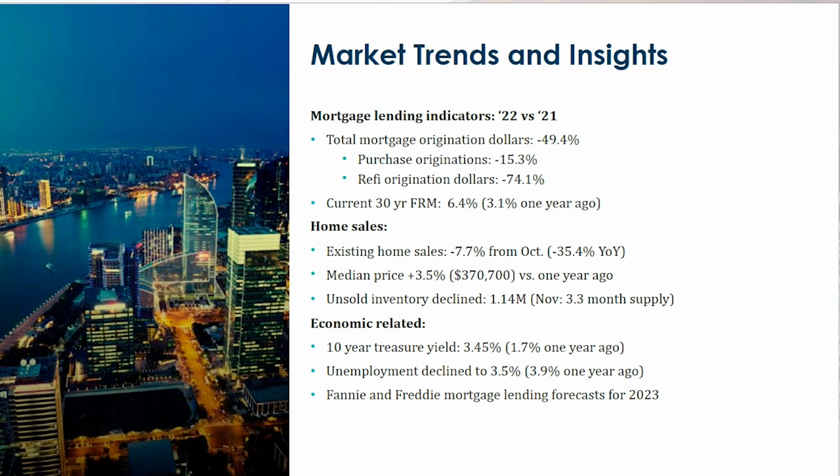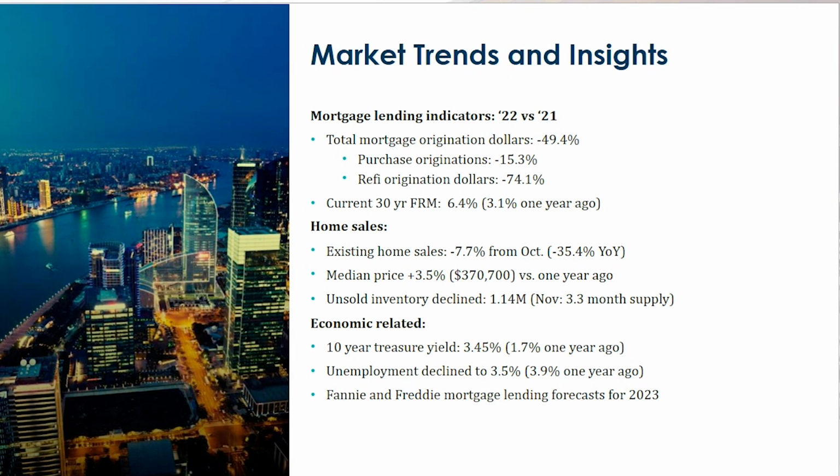The current 30-year fixed rate is 6.4%, which is double what it was a year ago when it was at 3.1. Existing home sales are down 7.7% from October, so they're kind of holding in there, but they're down quite a bit from a year ago, down 35%.